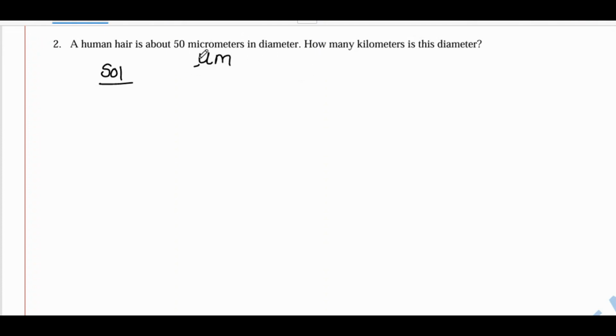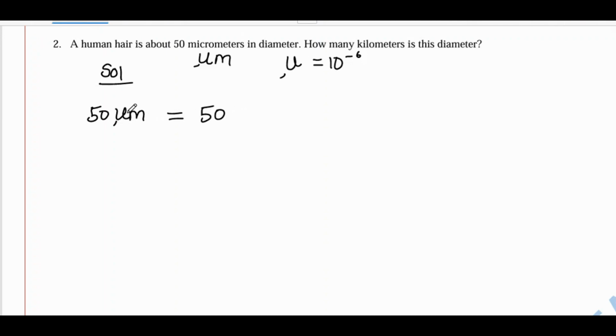We remove by multiplying by the factor. Remember, micro had a factor of 10 raised to power negative 6. Now, we have 50 micrometers, or let me go step by step. 50 micrometers is 50.